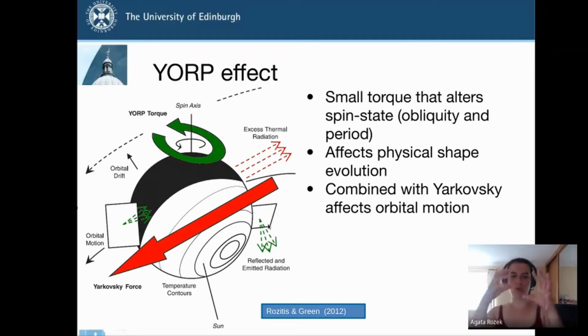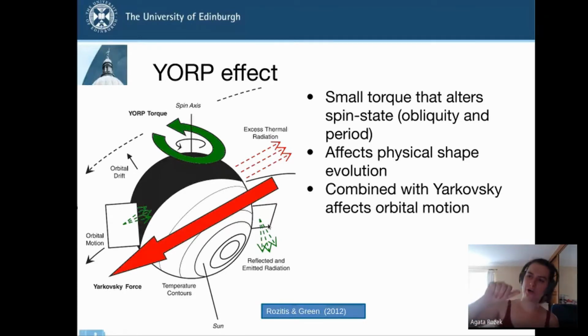So as a small asteroid gets irradiated by the sun, it gets heated up, but the surface re-emits that radiation not evenly in all directions, but depending on what the exact shape of the asteroid is, it can re-radiate more in one direction and less in the other, creating a small torque.